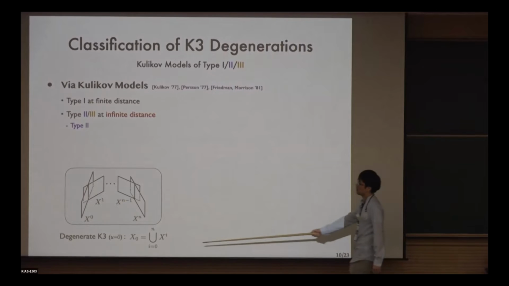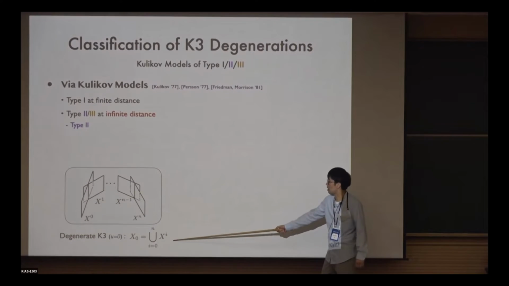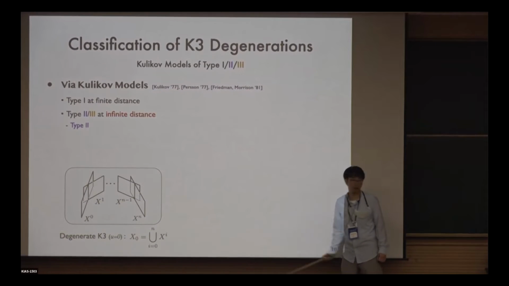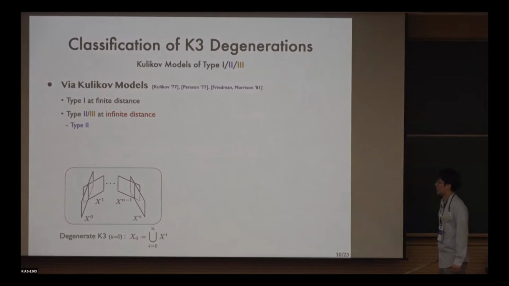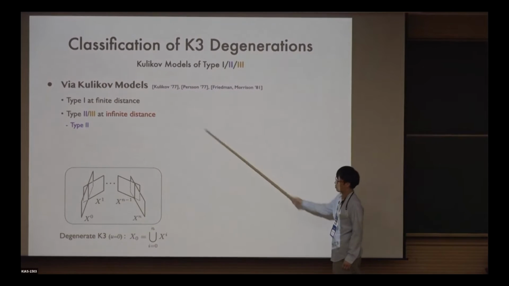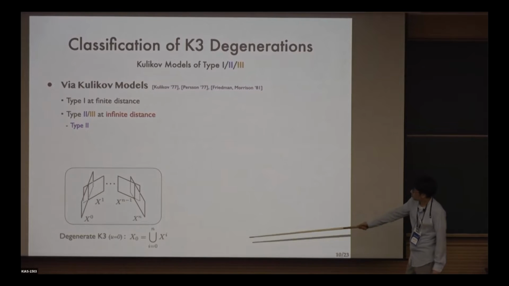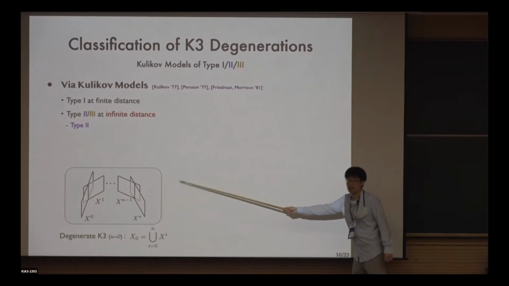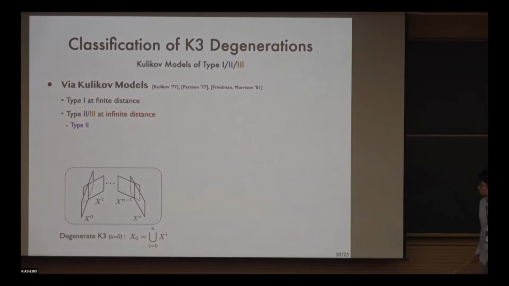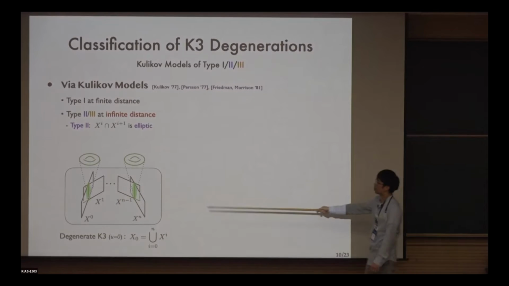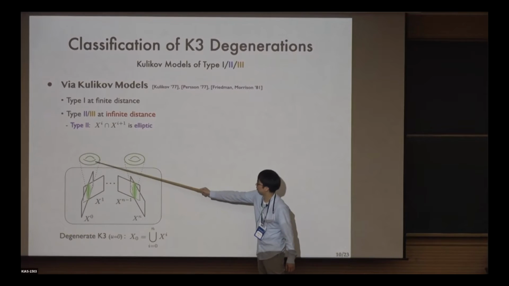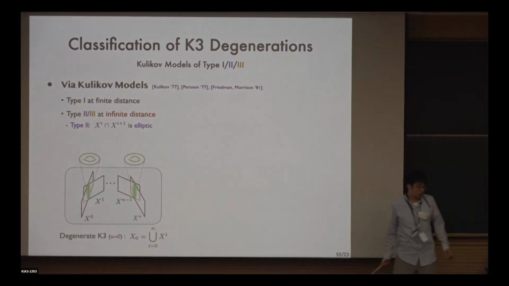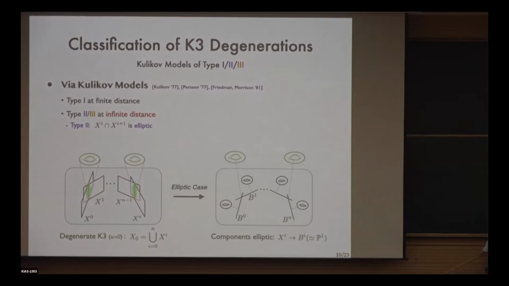So the central element, as I said, will degenerate into a union of component surfaces X_i. And for the type 2 Kulikov models, we know that the component surfaces are arranged in this chain form. So it's just a linear chain form. Furthermore, the intersecting components should meet along an elliptic curve. And in our case, because we want this K3 to be the vacuum of F-theory, we want this K3 to be elliptic.